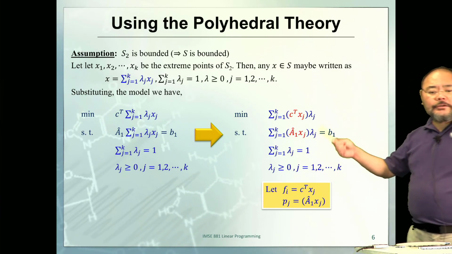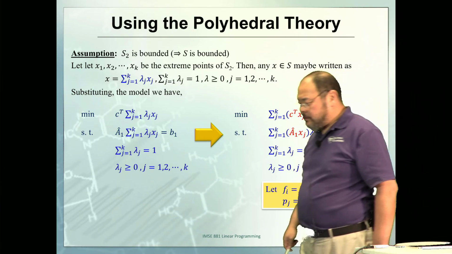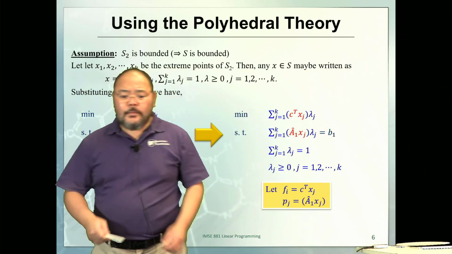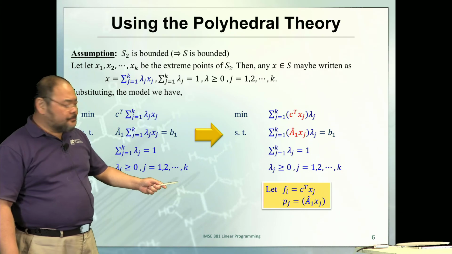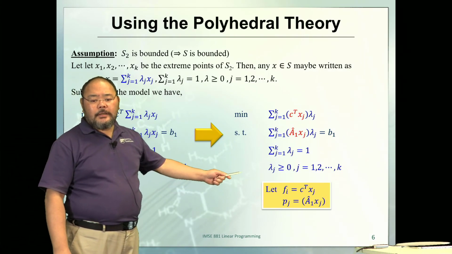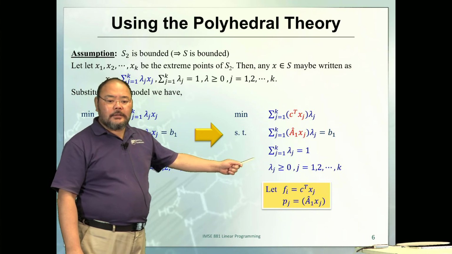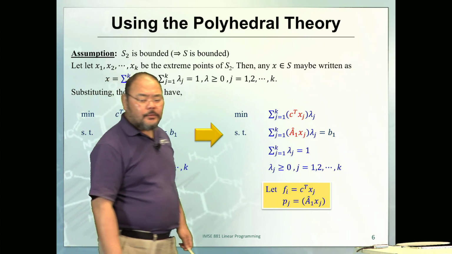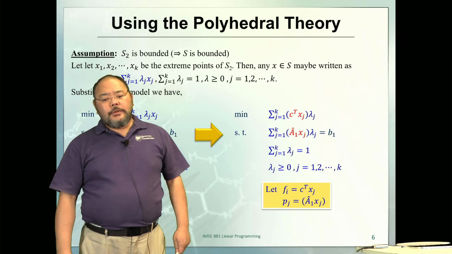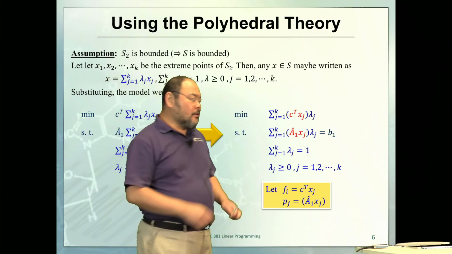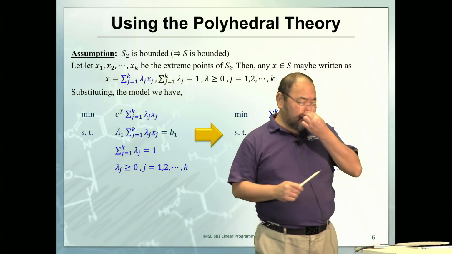Here we're only dealing with the difficult constraint. And of course lambda is non-negative, and the sum of the lambda equals 1. Here we can do a very simple so-called variable substitution.